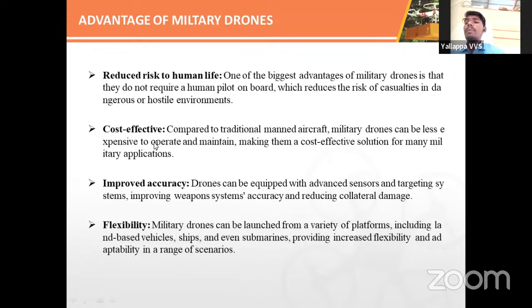Drones can be equipped with advanced sensors and targeting systems, improving weapon system accuracy and reducing collateral damage. Next, flexibility. Military drones can be launched from a variety of platforms, including land-based vehicles, ships, and even submarines, providing increased flexibility and adaptability in a range of situations.